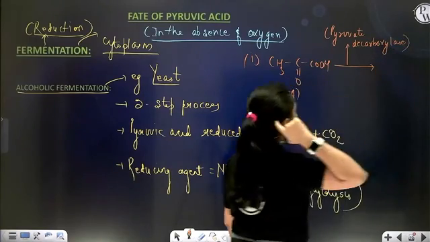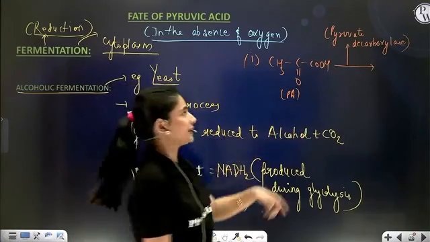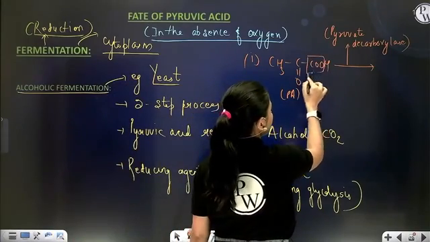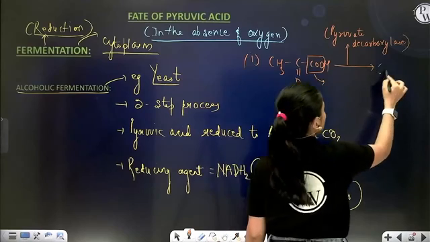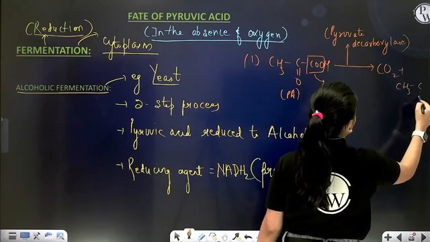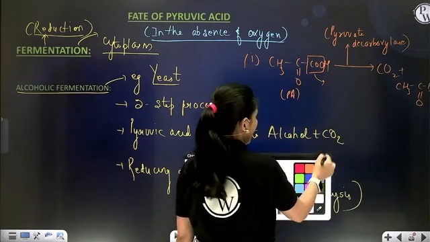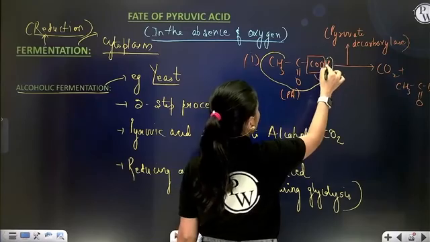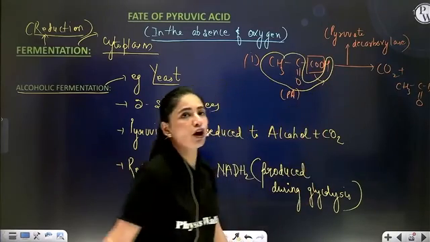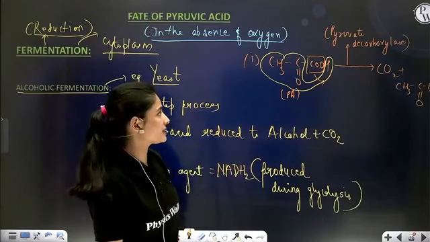So in the presence of pyruvate decarboxylase, the CO2 will be removed. Can you see? What will be remaining? CH3CHO. See this? Acetaldehyde will be produced from pyruvic acid. So in the first step you obtain acetaldehyde.